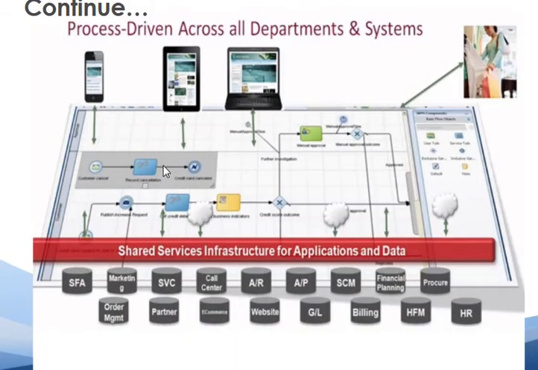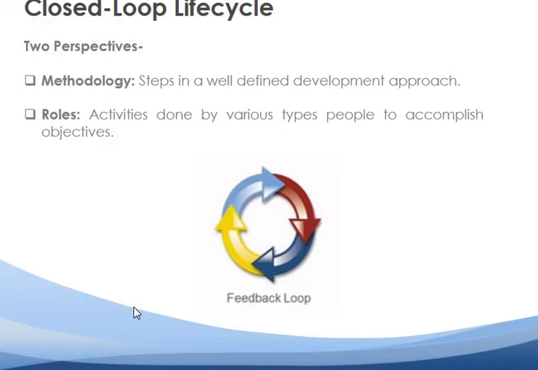Then suppose any request comes from the mobile, iPad, or tablet, and a computer and desktop, or from the customer, and this is the closed loop cycle. They will enhance it, they will optimize it, and then it will make a request from the database.